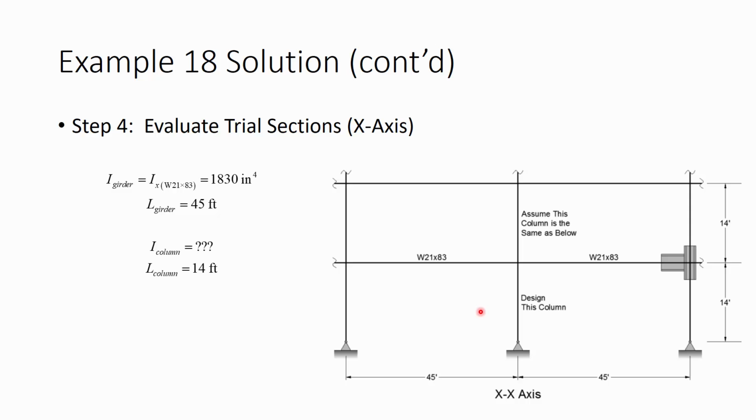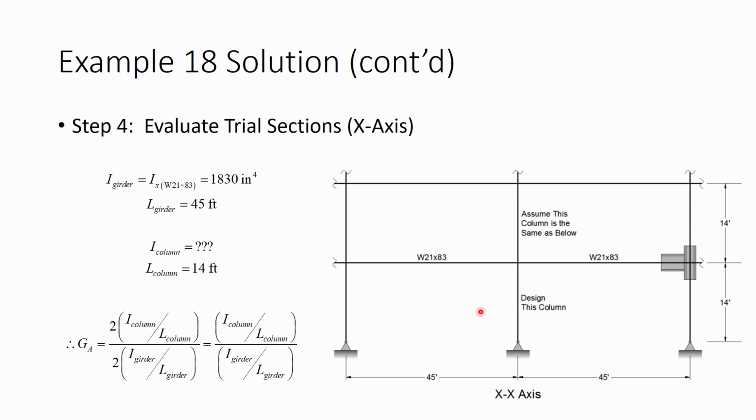When we compute our G values, remember the way that we compute G values is we take the sum of the I over L's for all the columns framing into a joint divided by the sum of the I over L's for all the girders framing into the joint. To explain what's going on in this formula down here, remember we only need to compute G for this joint here where the laser pointer is, that upper point, because that's the upper joint on the column.